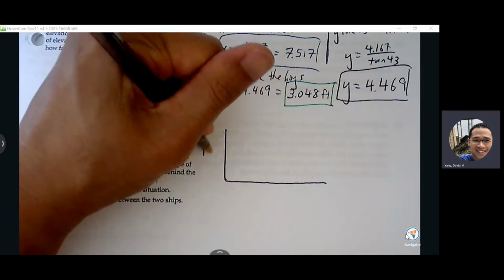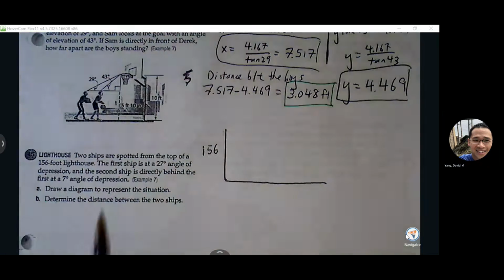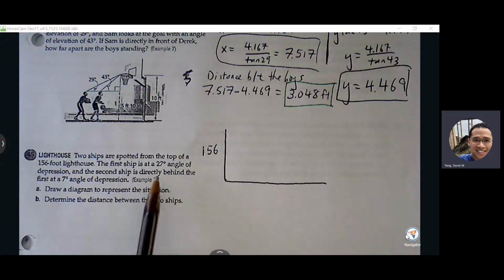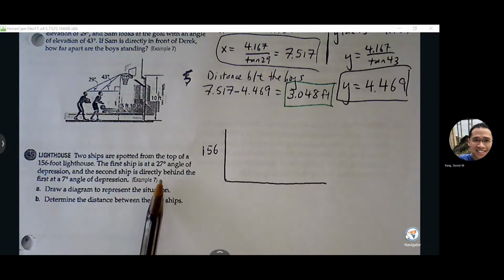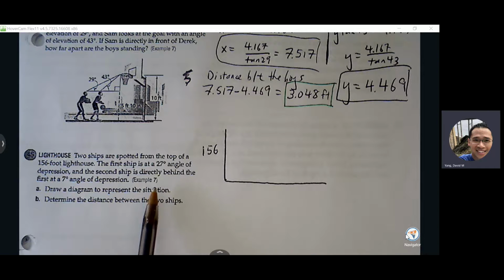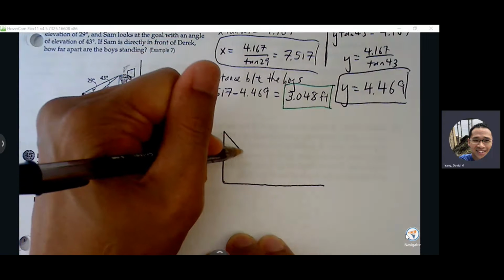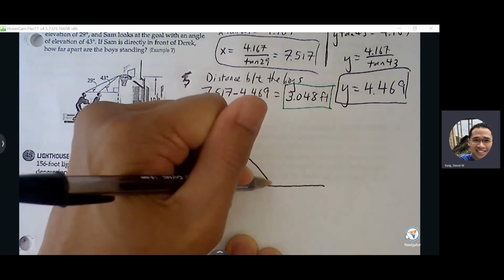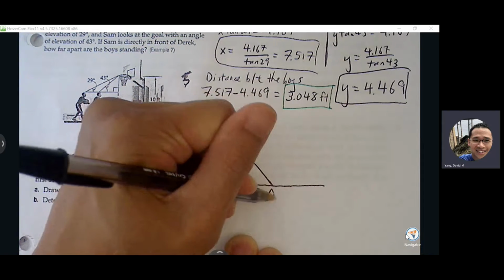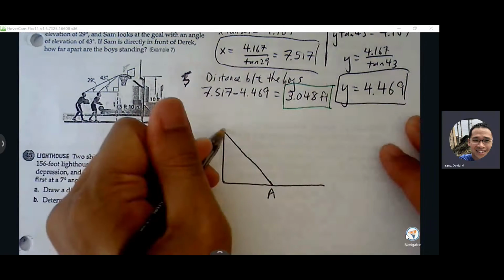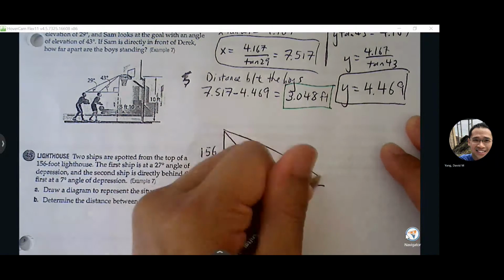So this is 156 feet. The first ship is at a 27-degree angle of depression, and the second ship is at a 7-degree angle of depression. So we have one ship A that's a little bit closer, and we have a ship B that's a little further away.